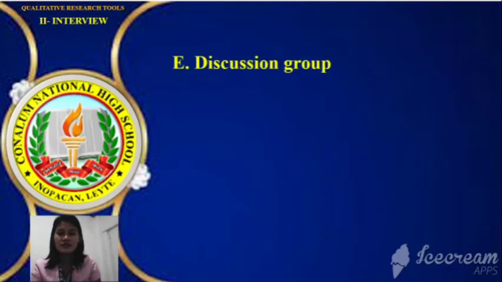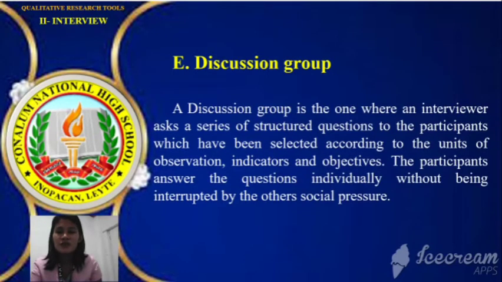Next, discussion group. A discussion group is the one where an interviewer asks a series of structured questions to the participants, which have been selected according to the units of observation, indicators, and objectives. So, as a discussion group, there is a list of indicators and variables, and the researcher will throw questions to the respondents, and of course, the respondents or the participants will answer.